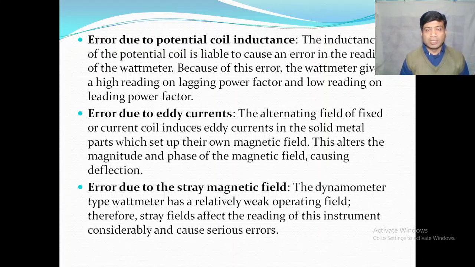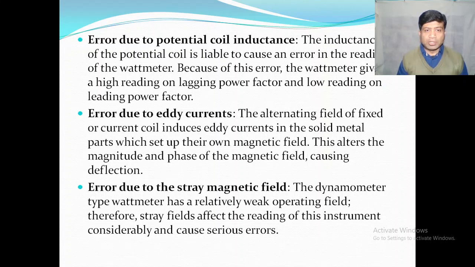Now, because it carries a large number of turns, it has a very high inductance, and this inductance results in serious errors. Because of this error, the wattmeter gives high reading on lagging power factors and low reading on leading power factors.